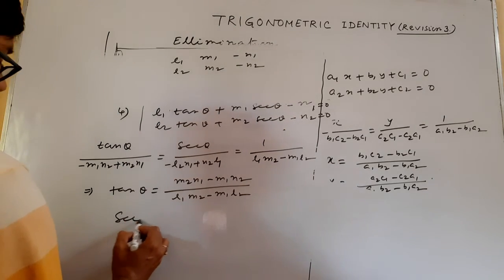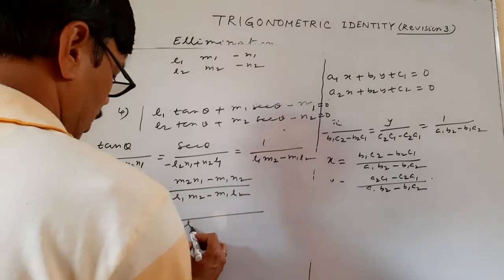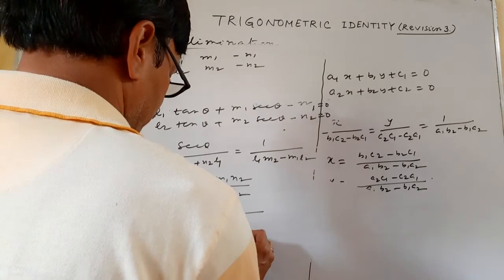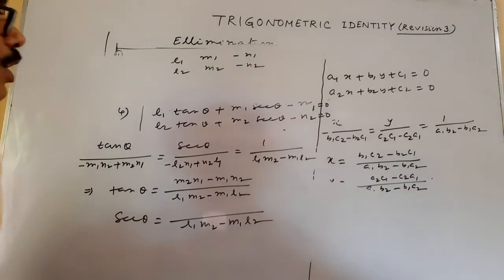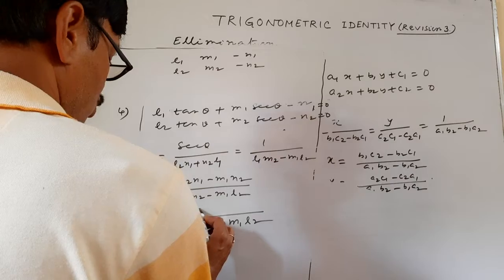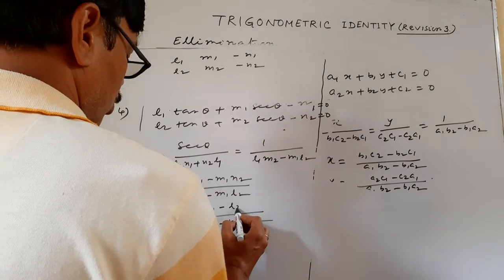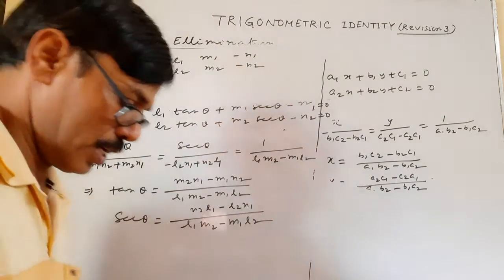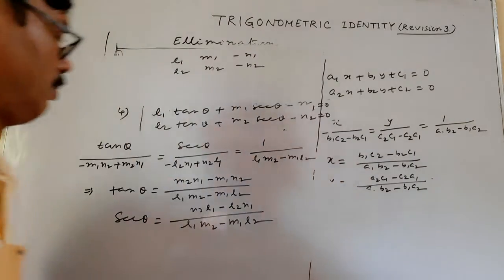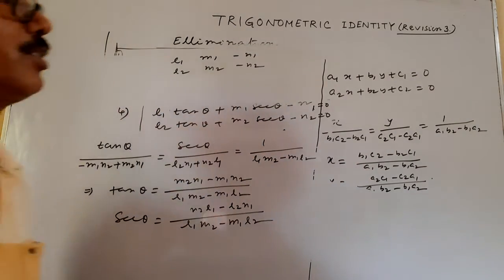And what is sec theta? Denominator same, and this one is n2 L1 minus L2. So this is our main aim: how to find tan theta and sec theta?